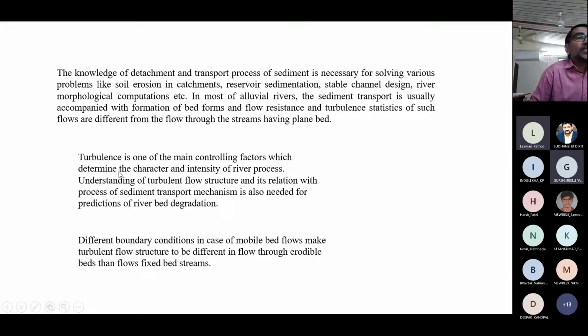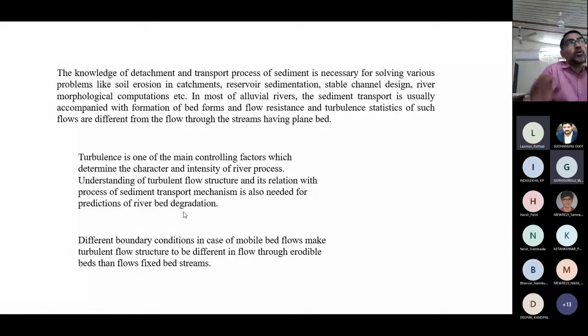Now, turbulence is one of the main controlling factors which determine the character and intensity of the river processes. Understanding of turbulent flow structure and its relation with the process of sediment transport mechanism is also needed for the prediction of riverbed degradation.